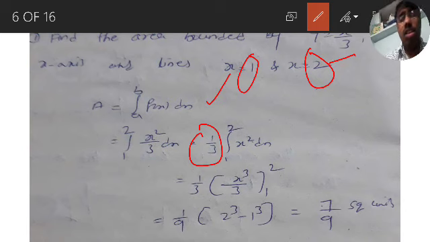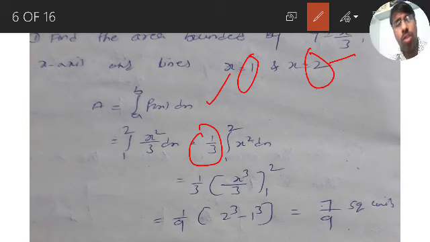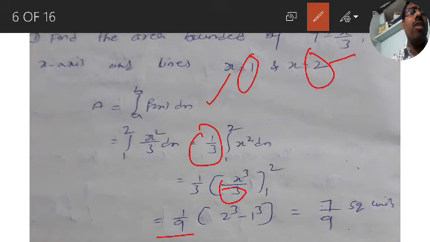So 1 by 3 constant, and the integration of x square, it is of the form x to the power of n. Integration of x to the power of n is x to the power of n plus 1 by n plus 1. Therefore, integration of x square is x to the power of 3 by 3 from 1 to 2. 1 by 3 constant outside, so 3 into 3, 1 by 9, upper limit minus lower limit.